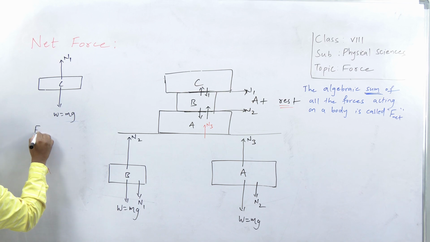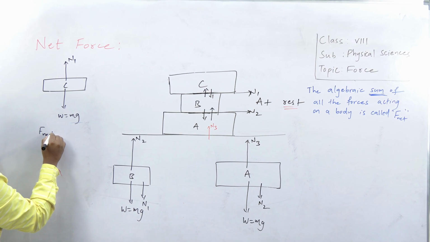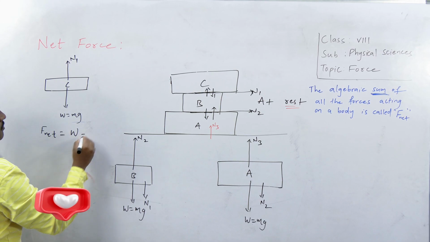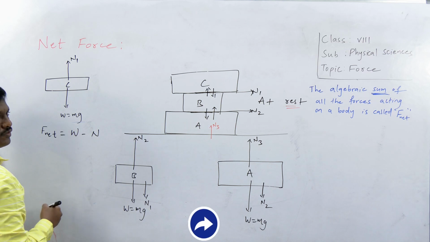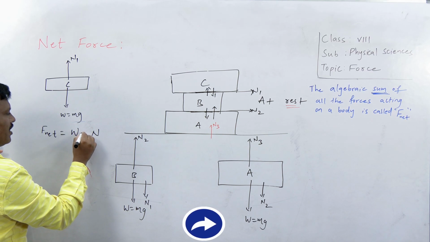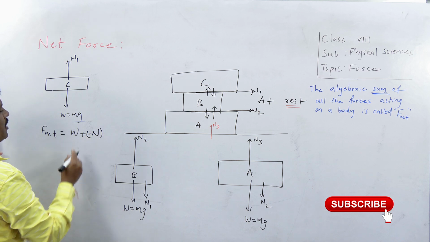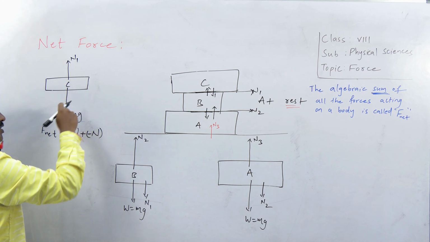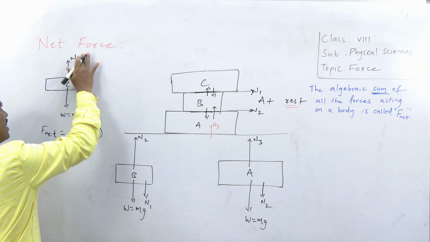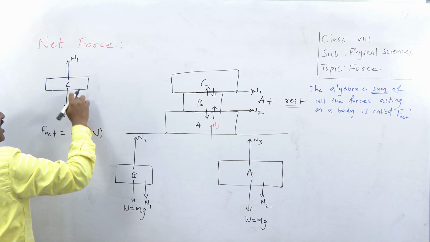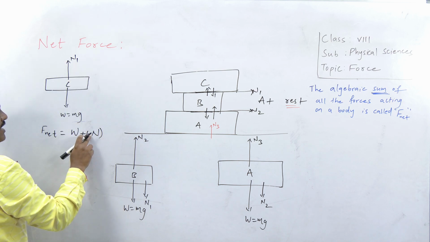Net force is equal to gravitational force plus minus normal force. Why? Gravitational force is acting downward, normal force is acting upward. As the direction is opposite, we have taken a negative sign.